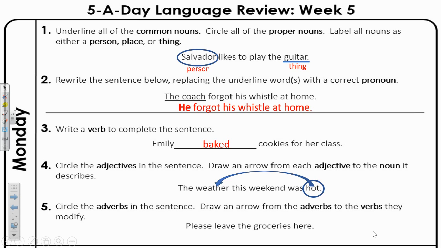So then you have to ask yourself, what word in the sentence describes where something took place or when something took place? The verb in this sentence is leave. So is there a word in that sentence that says when or where? You got it. The adverb in this sentence is here. Here is describing where to leave the groceries. So we are making our arrow and putting it backwards to the verb leave.